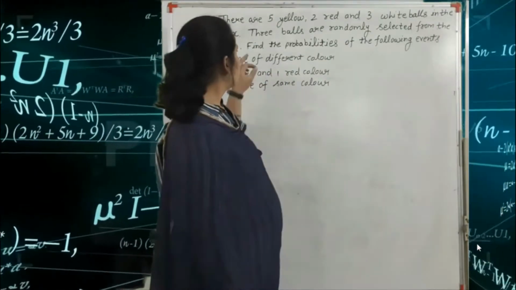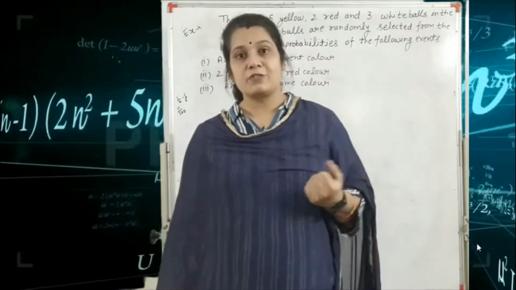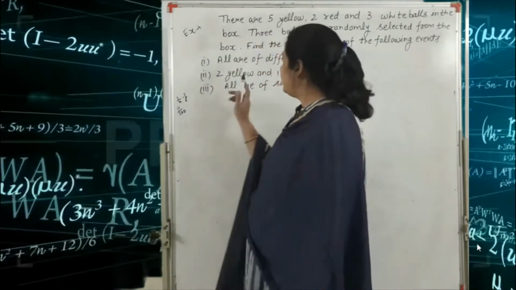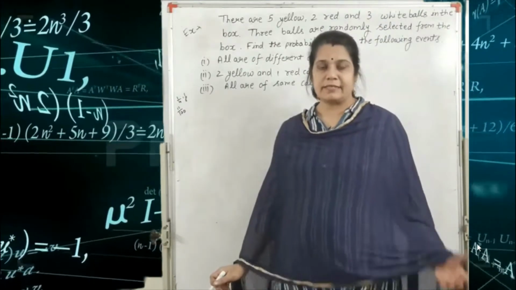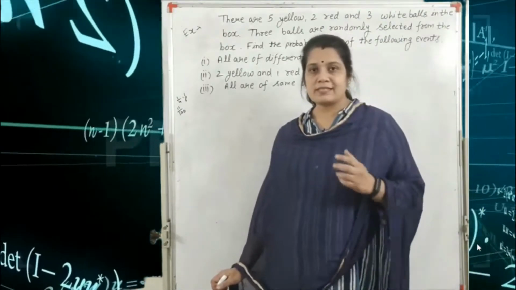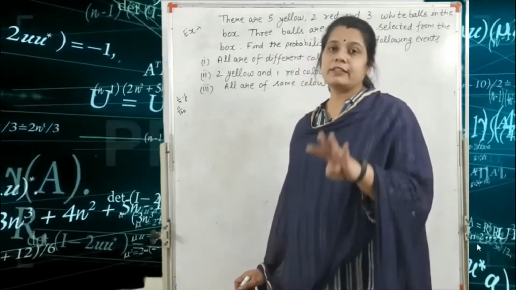Find the probability of the following events. Number 1, all are of different colors. That means total 10 balls are in a box and we randomly select 3 balls.